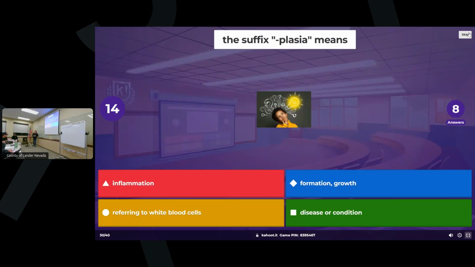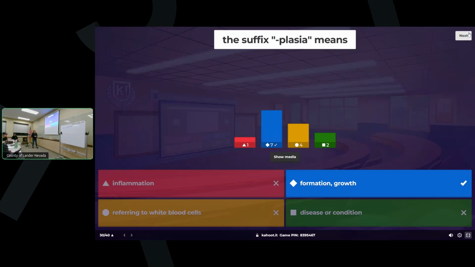So, hyperplasia. So, formation or growth. So hyperplasia would mean what? Too much growth of something. Usually it's like hyperplastic, like heart or something.